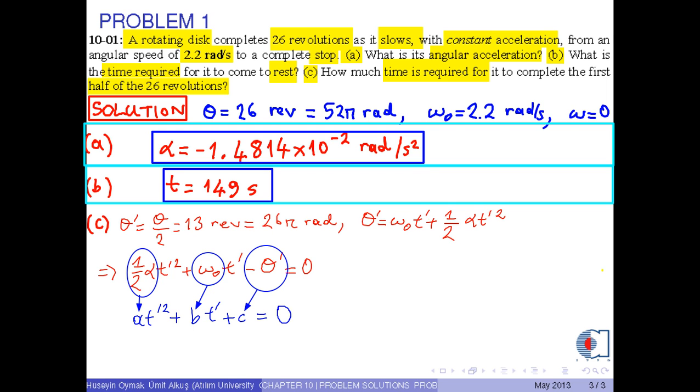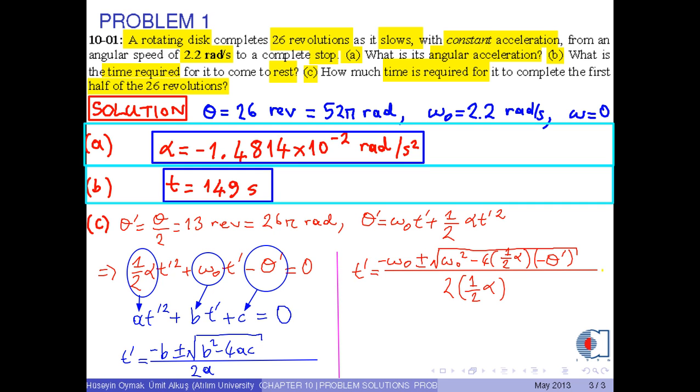If you solve this second order problem, you find t prime equals minus omega 0 plus minus square root of omega 0 squared minus 4 times 1 over 2 alpha times minus theta prime, and the whole thing is divided by 2 times 1 over 2 alpha. Or simply t prime equals 1 over alpha times minus omega 0 plus minus square root of omega 0 squared plus 2 times alpha times theta prime.